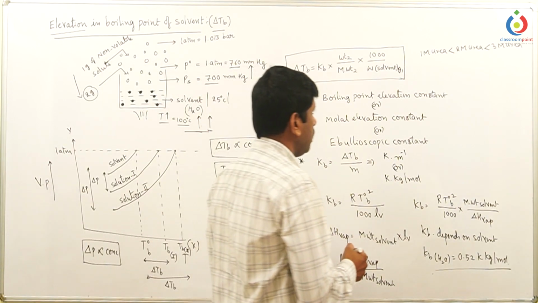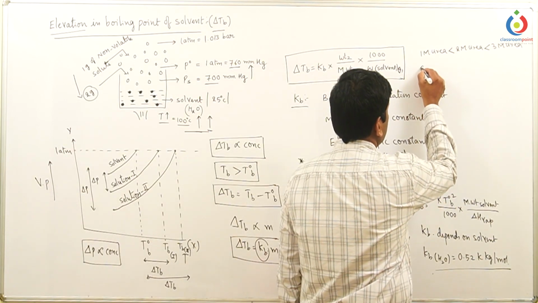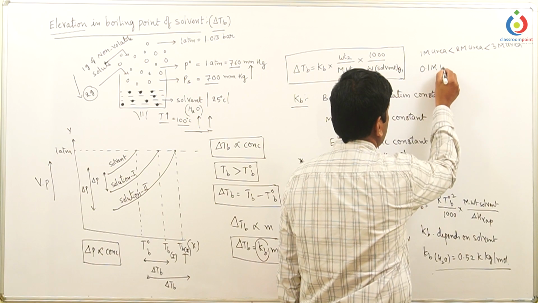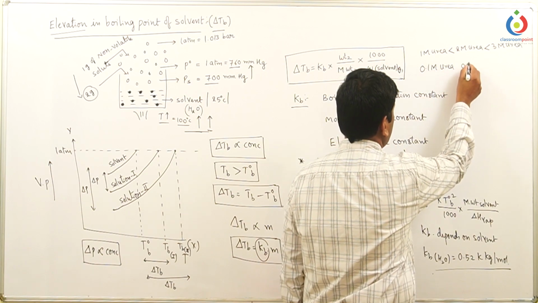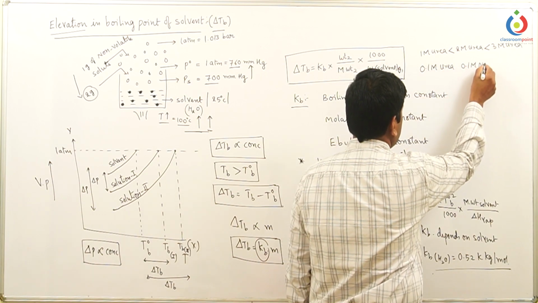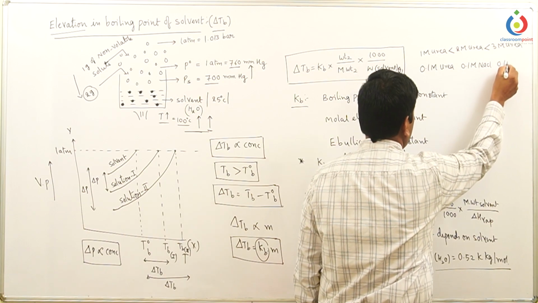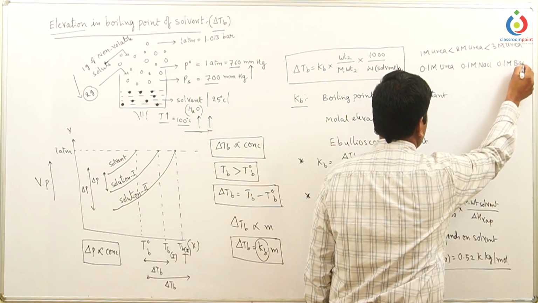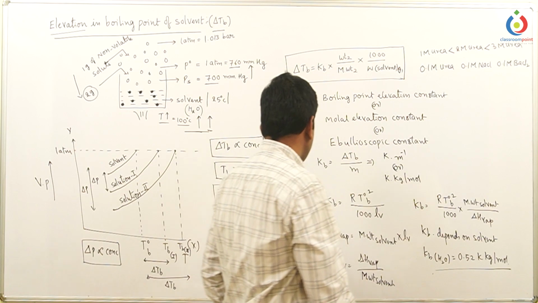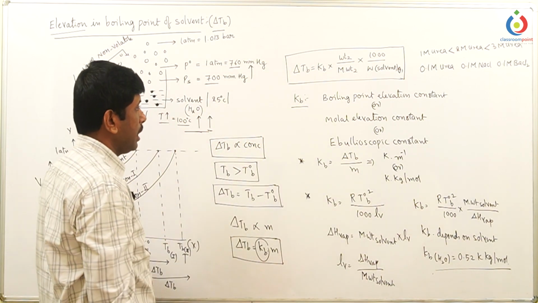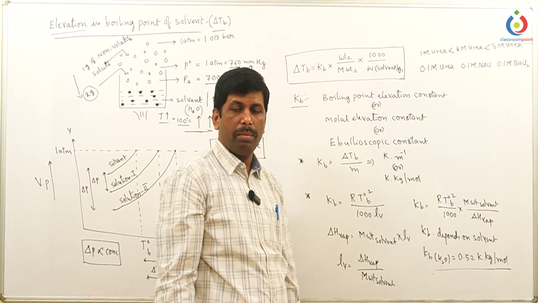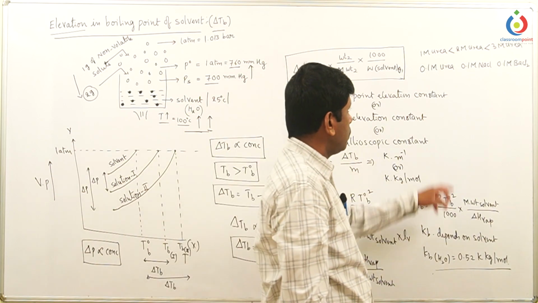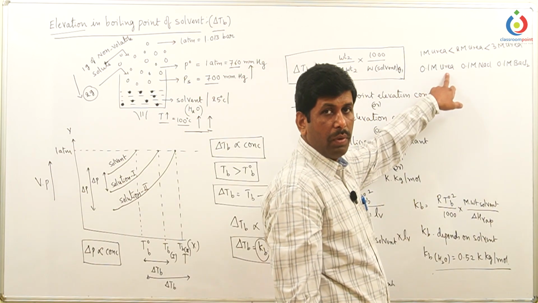Now let us take 0.1 m urea solution, 0.1 m NaCl solution, 0.1 m BaCl2 solution. As elevation of boiling point is a colligative property, it depends on the number of solute particles. So here urea can produce only one solute particle.